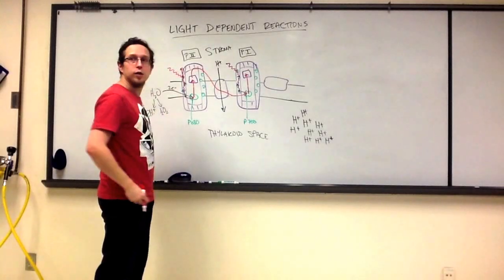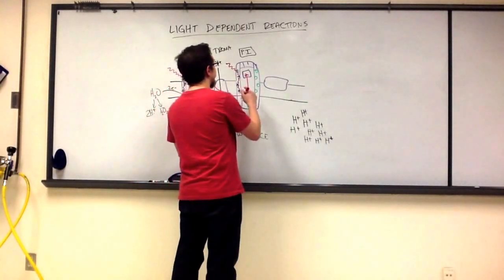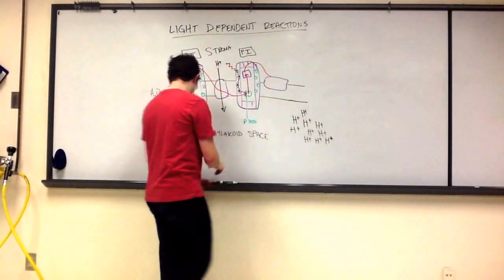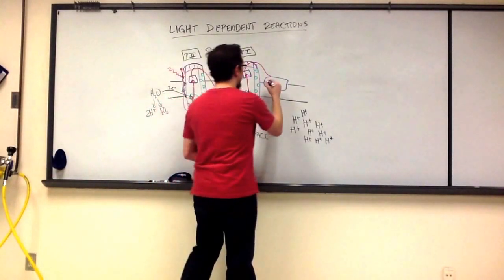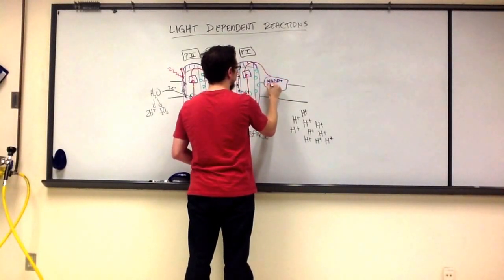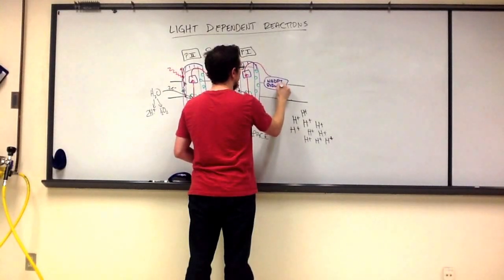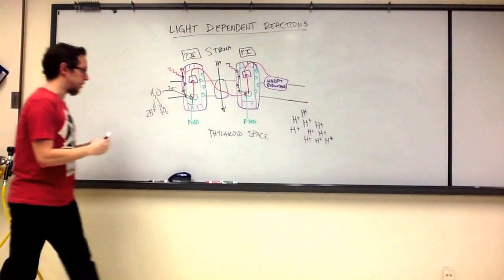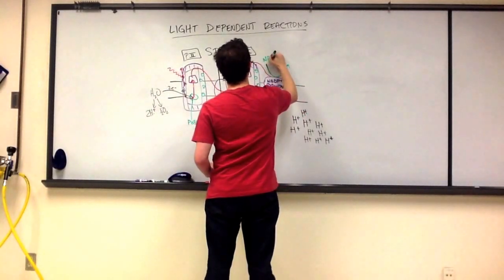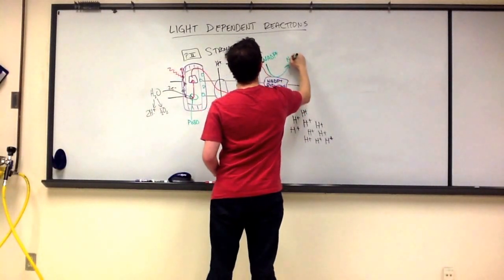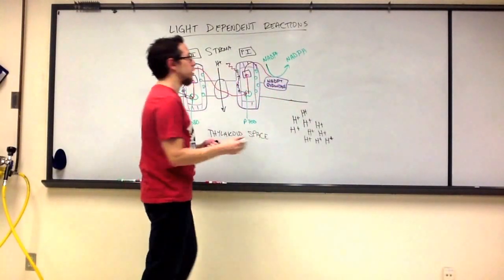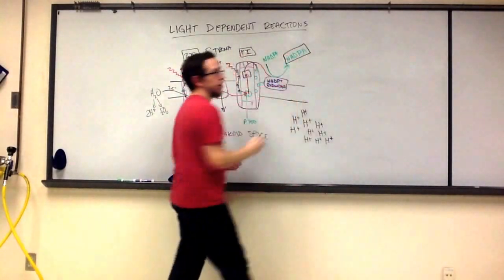When 2 electrons have been transferred there to a specialized protein called ferredoxin, those 2 electrons are then ultimately transferred to a specialized enzyme called NADP+ reductase. That is involved in the reduction of NADP+ to NADPH. And you'll remember that NADPH is one of the molecules required for the Calvin cycle to proceed.